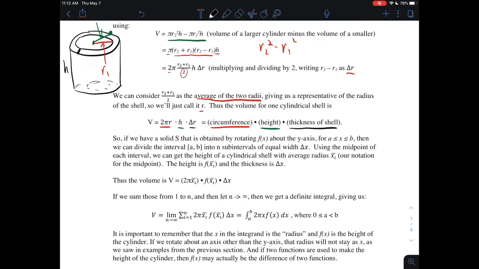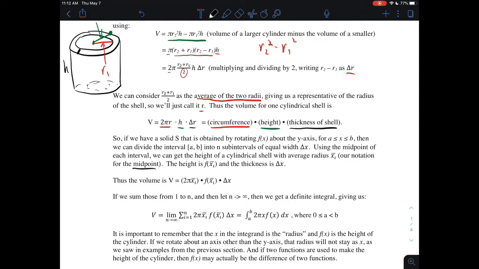Anytime you see a bar over a letter, that is usually standing for average or mean or midpoint. The height is the function evaluated at that midpoint, and the thickness is delta x. So just replacing the use of r now with x bar, we get that the volume is equal to, just for one shell, 2 pi x sub i bar times f of x sub i bar times delta x.